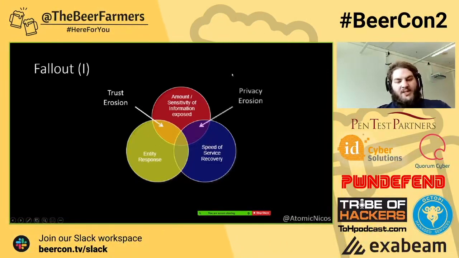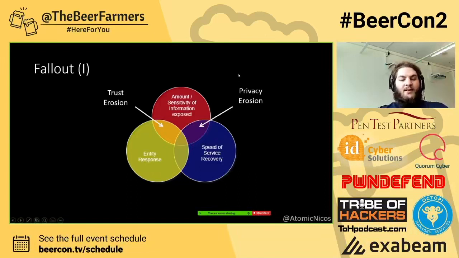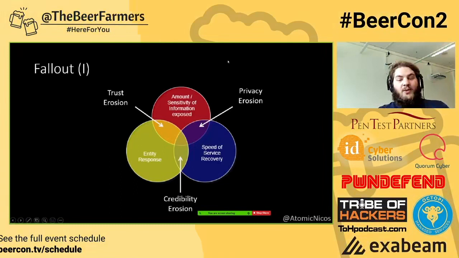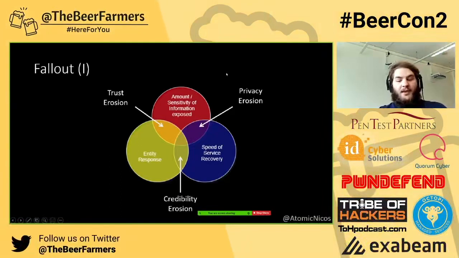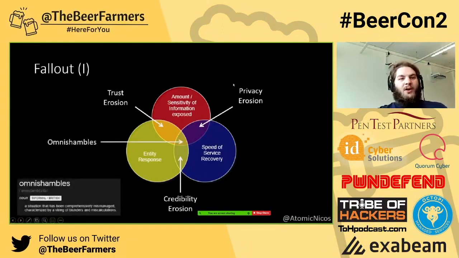If the information is sensitive and the service takes a while to get back on its feet, it erodes the feeling of privacy that is generated by that service. And finally, if the entity responds horribly and the service recovers slowly, it erodes the credibility of your service and your company. If you have all 3 boxes checked, you have something called an omnishambles, which, if you're a part of the big C's of your company, gives you an occasion to yell.